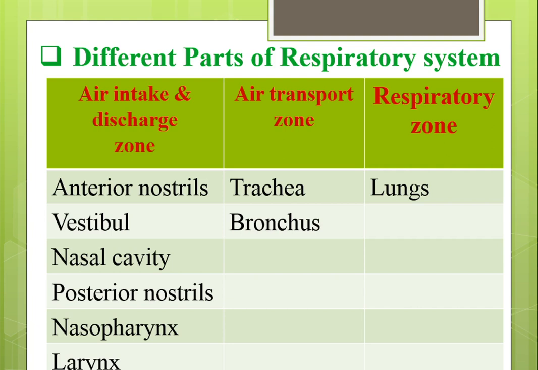First one is the air intake and discharge zone, which includes anterior nostrils, vestibule, nasal cavity, posterior nostrils, nasopharynx, and larynx. Second one is the air transport zone, which includes trachea and bronchus. And the third one, the respiratory zone, which includes only the lungs.